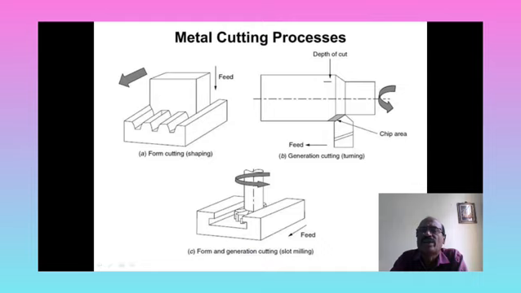This is step turning, which is also a turning process. Form cutting, shaping, such as the gear cut, is also a forming shape. Another one is form and generator cutting, where the form and general cutting machines are combined for the forming and general cutting process.